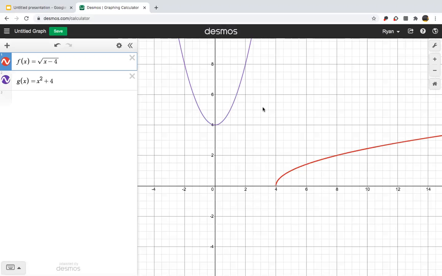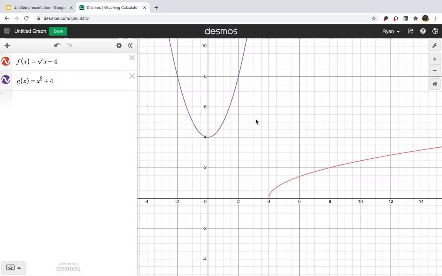If I flip that on, we see a parabola in purple, but they don't look like mirror images. So here's why. As I just said, the domain of this red square root function doesn't start until 4 comma 0. So that means that if we flip that around, when you're looking at domain, you're thinking about the x coordinates, okay? So again, let me try to explain this a little bit more clearly, get out my pen.